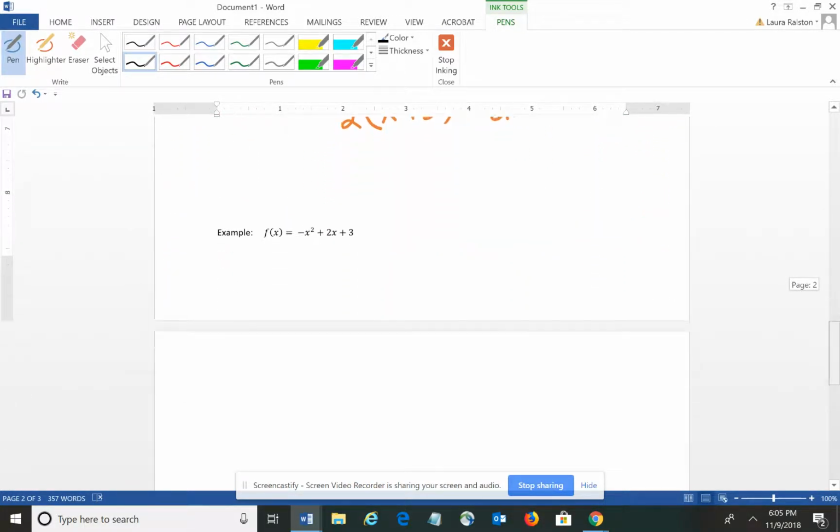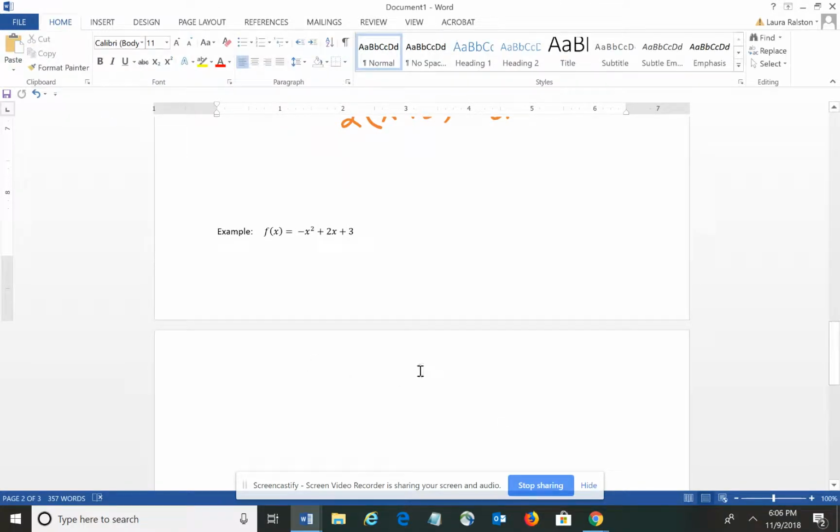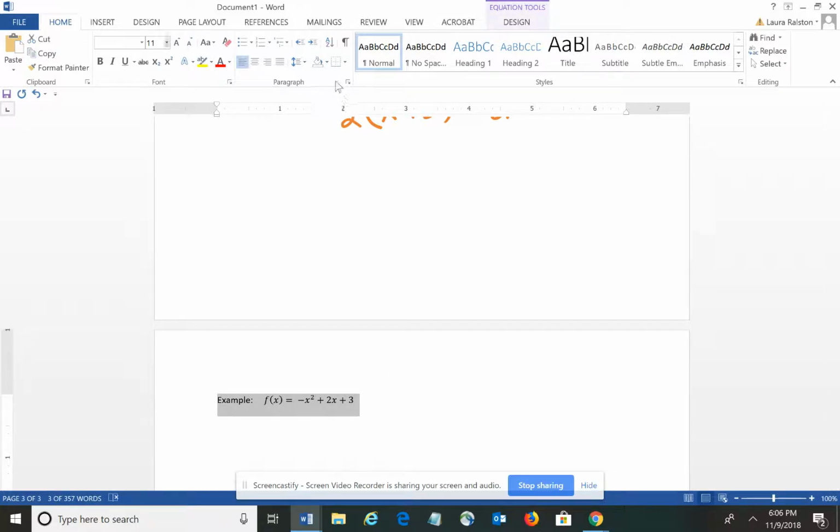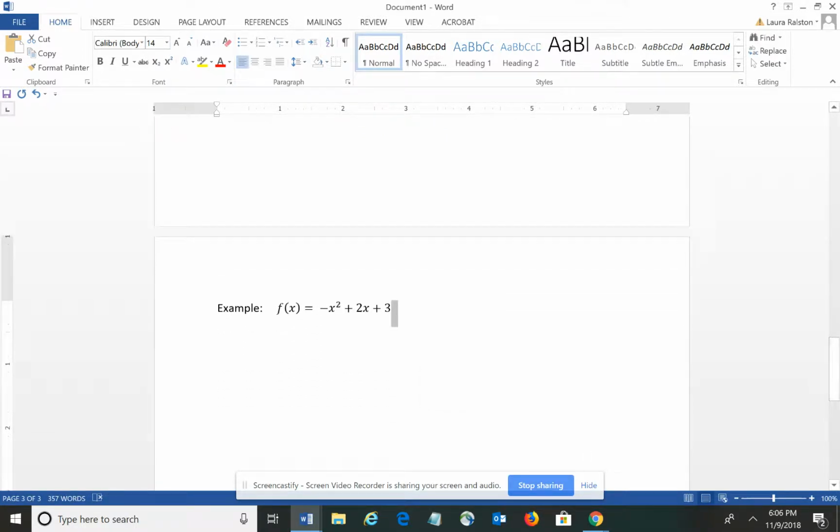So let's look at one other example, just so you'll have another one to look at besides the one that's on the actual quiz. This one is f of x equals negative x squared plus 2x plus 3. And again, the first thing I want to do is begin by moving the constant.